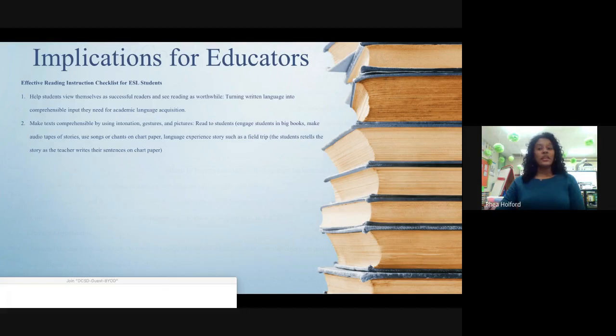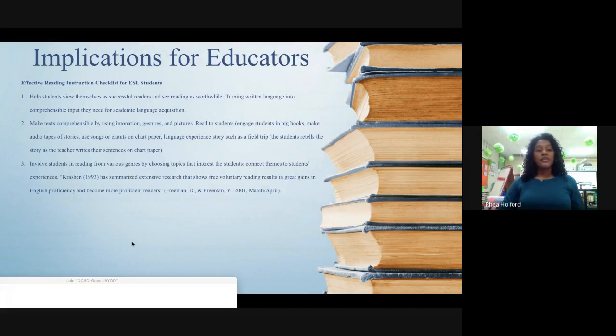Read to students, engage students in big books. Make audio tapes of stories. Use songs or chants on chart paper. We use a lot of chart paper in kindergarten. Use language experience stories such as field trips. Have your student retell a story as the teacher writes the sentences on chart paper. That is done a lot in kindergarten.